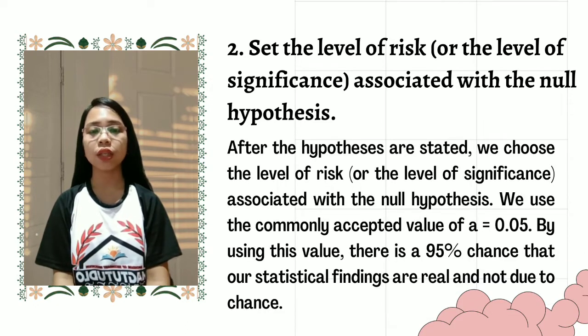After the hypotheses are stated, we choose the level of risk or level of significance associated with the null hypothesis. We use the commonly accepted value of A equals 0.05. By using this value, there is a 95% chance that our statistical findings are real and not due to chance.